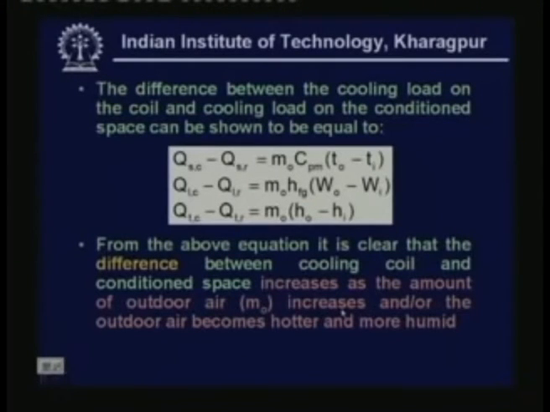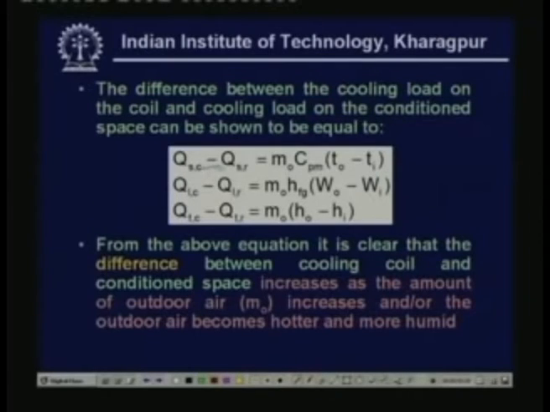The difference between the cooling load on the coil and cooling load on the conditioned space can be shown to be equal to QSC minus QSR, that is equal to MO into CPM into TO minus TI. This is the difference in the sensible cooling loads of the coil and the room, and this is the latent heat loads of the coil and the room, and this is the total heat load.